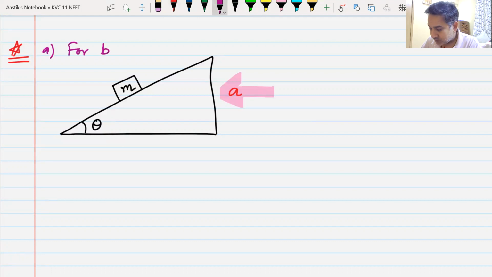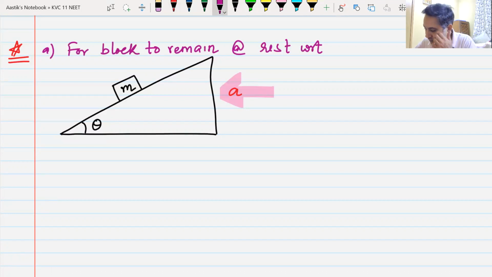For the block to remain at rest with respect to the wedge. They sometimes ask this. You don't have to solve this. You just have to remember this.